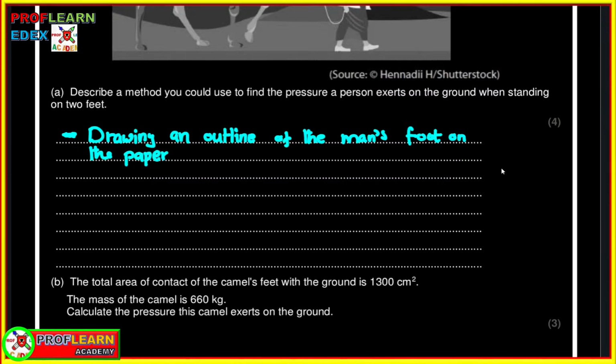If this is the man's foot, we are going to take a piece of paper and draw the outline of this foot. And then we're going to count the number of squares at this part.